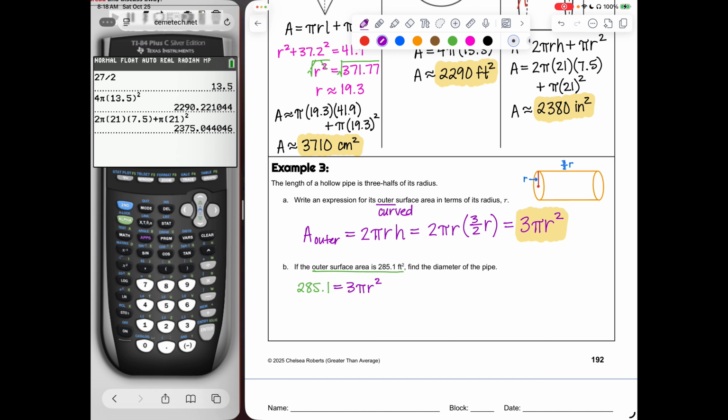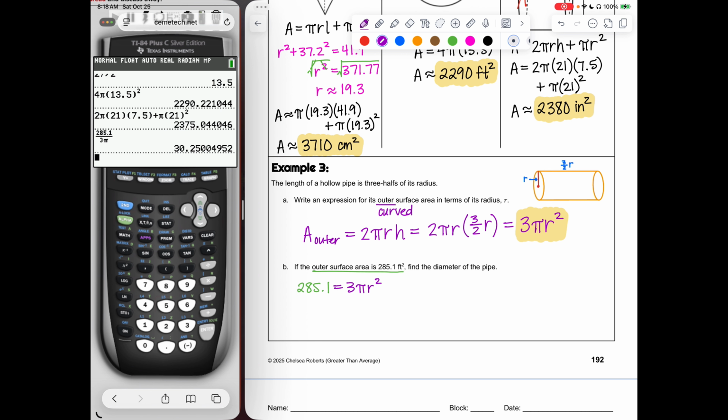I'm going to solve that equation. I'm going to divide both sides by 3 pi. Make sure that if you're going to do this, you use the pretty fraction in the calculator, alpha y equals, or you put parentheses around the 3 pi when you divide by it.